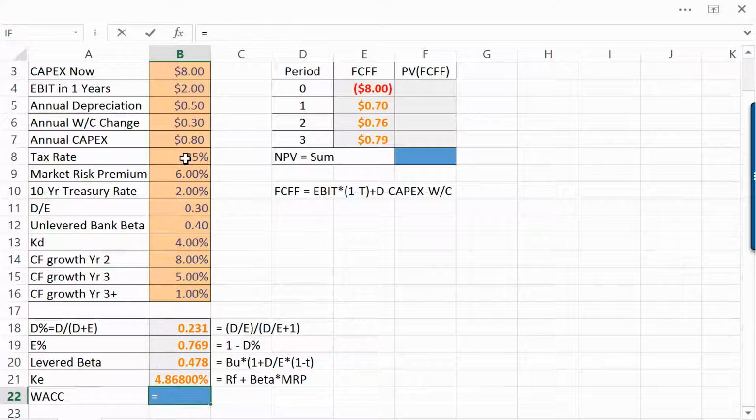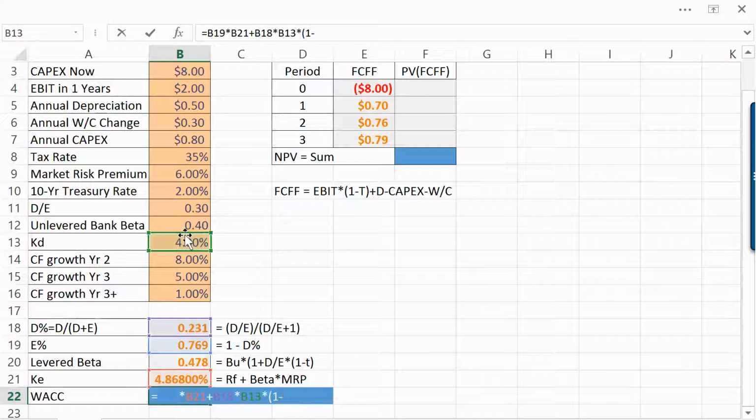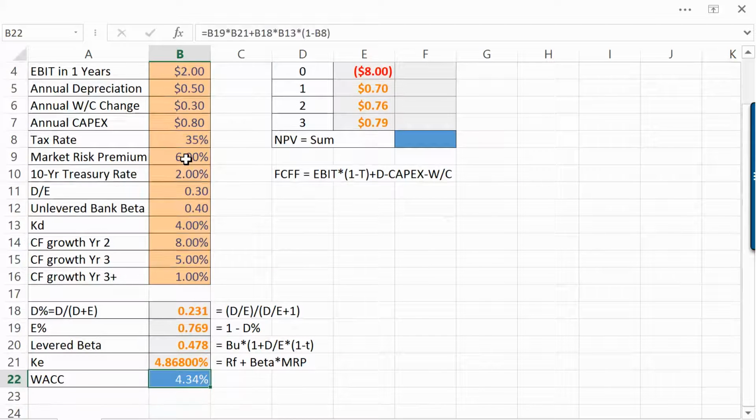So now I can calculate my WACC. Equity percent times cost of equity plus debt percent times cost of debt times 1 minus the tax rate. So I have a WACC of 4.34%.